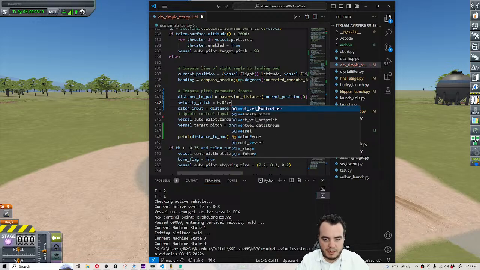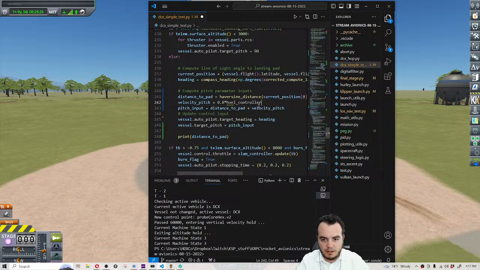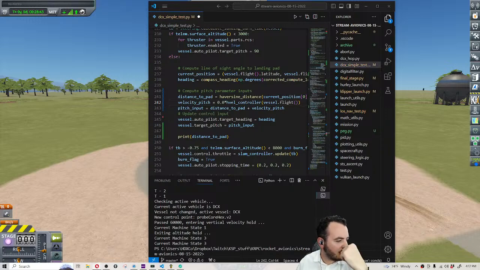times, and that's going to be our HVEL controller, and we're going to need our current horizontal velocity or current horizontal speed. It'll be a magnitude because that's how the kRPC gives it to you. So it'll be vessel dot flight. Let me actually look at the documentation real quick. Under flight.